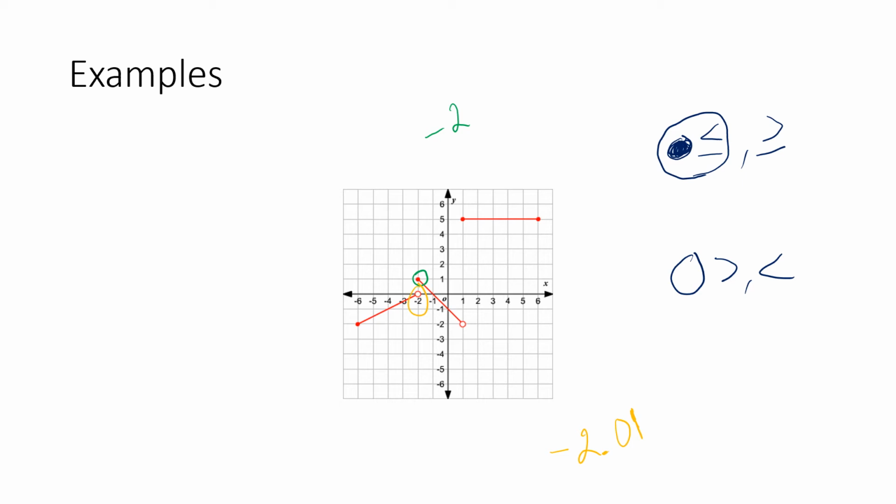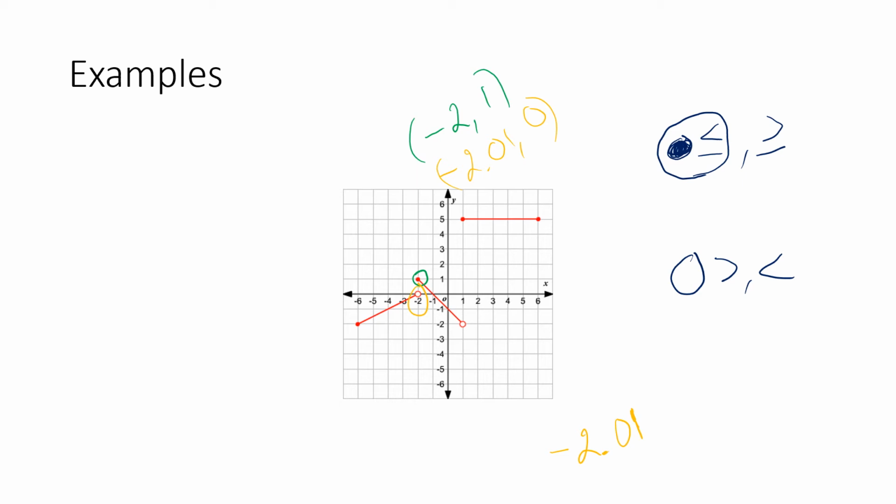Okay? And so we could write this as, going back to green, -2, 1, and the orange one as -2.01, 0. Which means that it is still a function because the x is not the same.